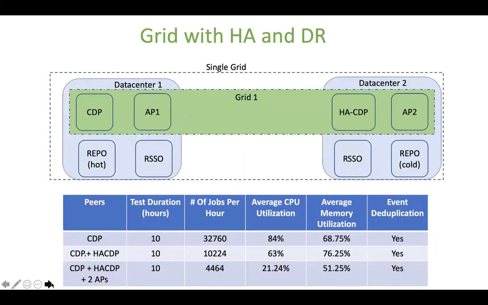Okay, so now the next typical setup that we see in customers is, we have high availability with two CDPs, but now I also want disaster recovery. So this is where you have two data centers, and now 4 peers in the same grid. You have a CDP and an AP in one grid, and a CDP, HACDP and an AP in the second grid.